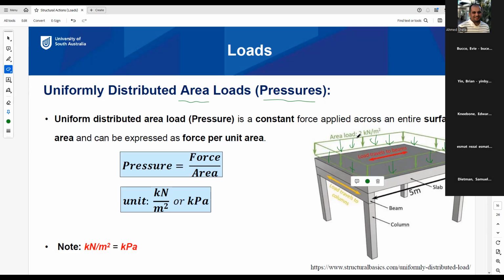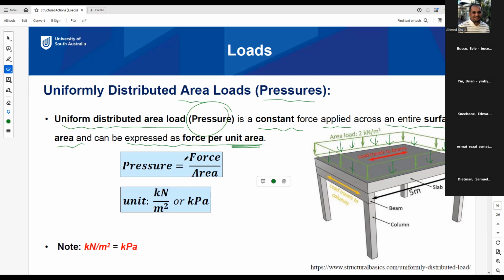area. So the uniformly distributed area load, or the pressure, is a constant force applied across an entire surface area and can be expressed as force per unit area. The uniformly distributed line load is force per unit length, and here it is force per unit area.